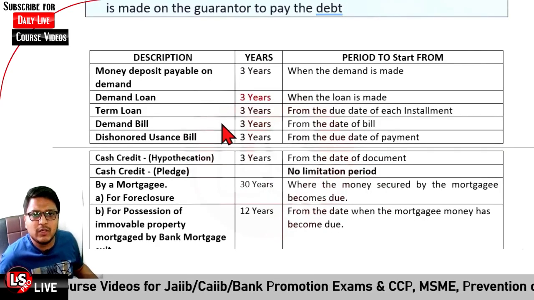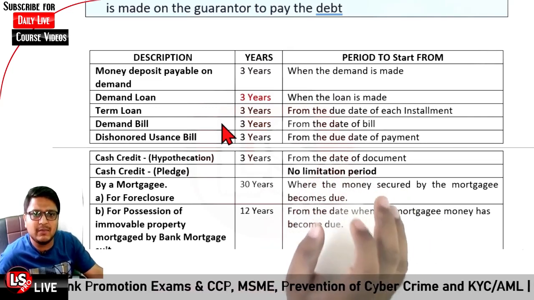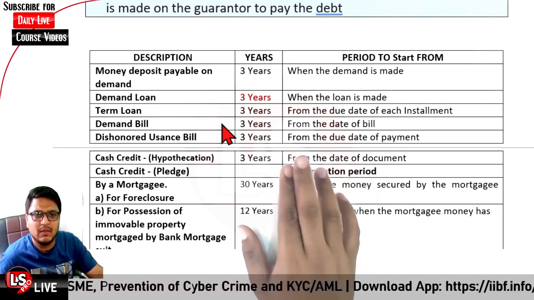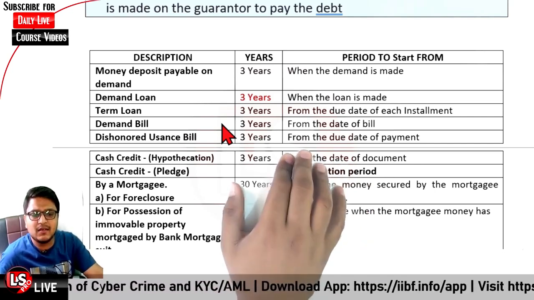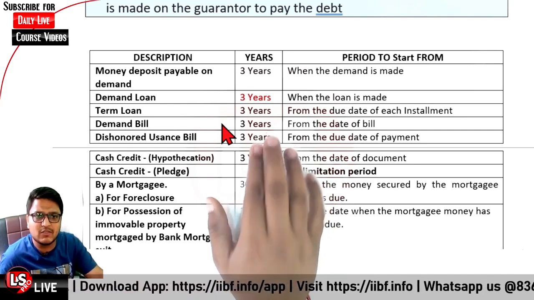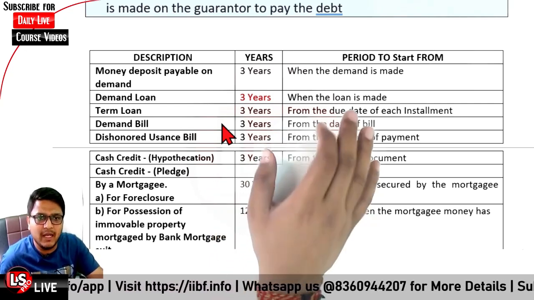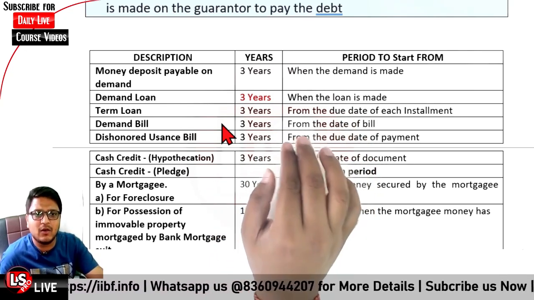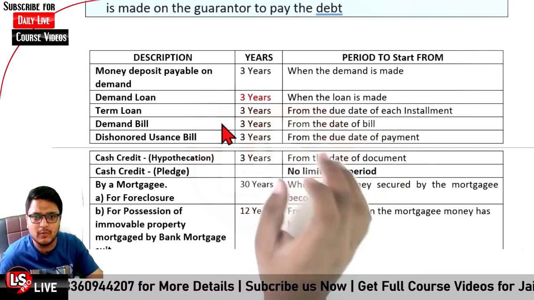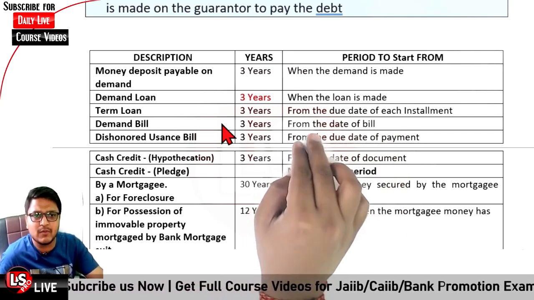In case of demand loan, term loan, demand bill, and dishonored usance bill, the limitation period is 3 years. The limitation begins from the date of the loan disbursed in case of demand loan; in case of term loan, from the due date of each installment; and in case of demand bill, from the date of the bill.